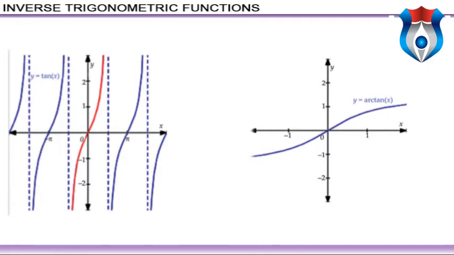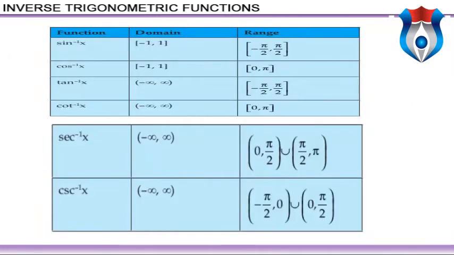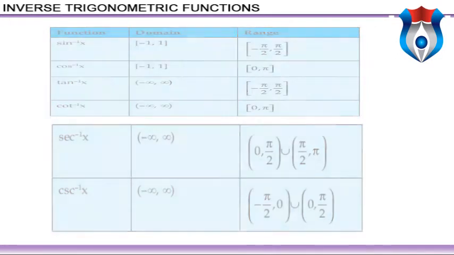The domain of the inverse tangent function is -infinity to infinity and the range is -pi by 2 to pi by 2. The inverse of the tangent function will yield values in the first and fourth quadrants. The same process is used to find the inverse functions for the remaining trigonometric functions: cotangent, secant and cosecant. Look at the screen for better understanding.